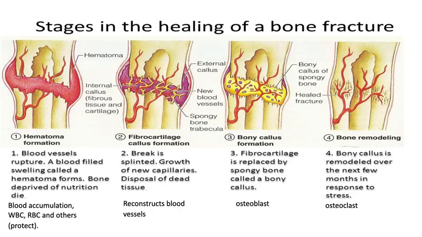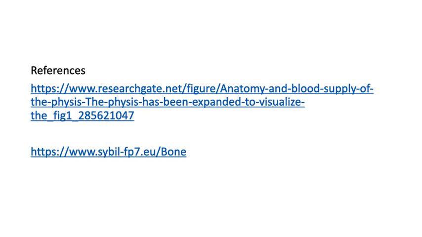And when they do that, they're going to give rise to an irregular shape, and so we need osteoclasts to come and remodel or reshape the area, like straighten it up, remove the excess bony callus to give rise to a normal bone formation. So these are the stages of bone healing or remodeling.